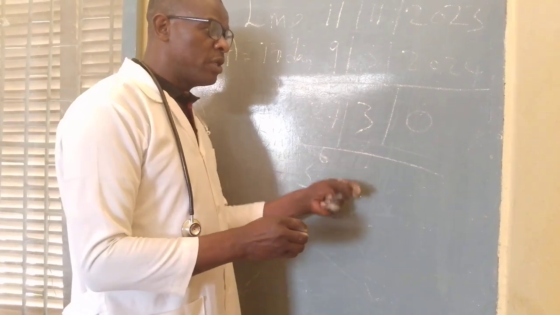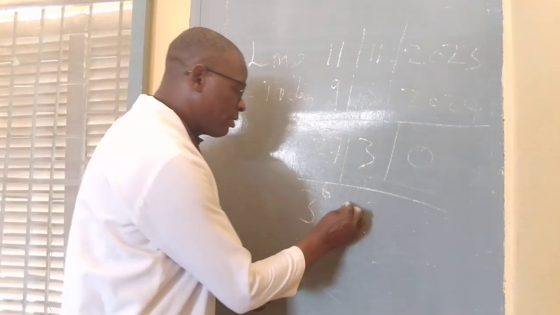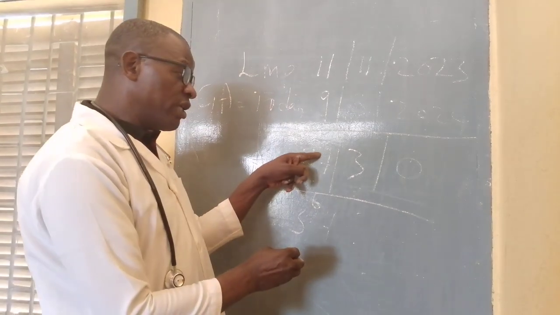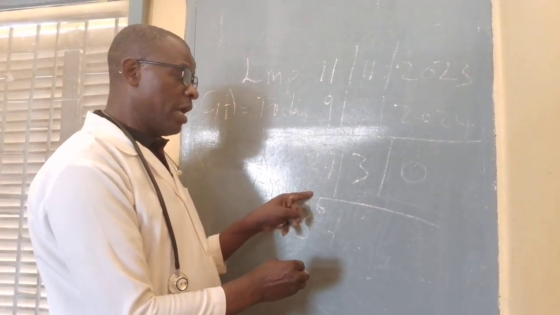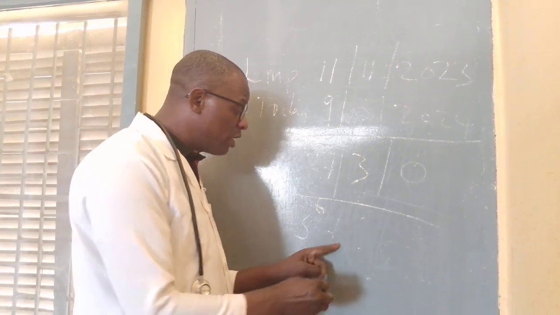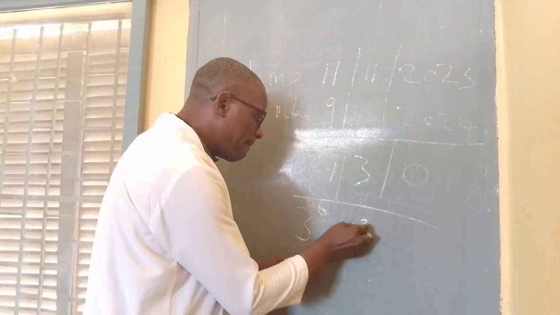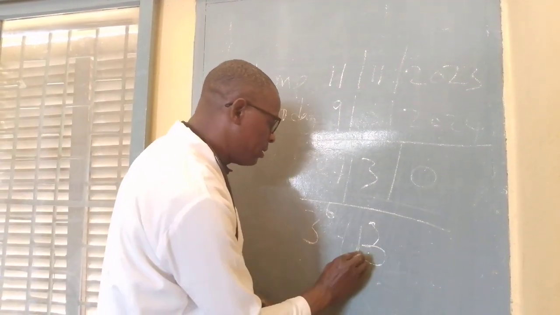Then come to months. The next theory tells us that 3 months is 13 weeks. And it's 3 months here. So it's 13 weeks. This 27 days is 3 weeks plus 6 days. And now the 3 months is 13 weeks. 3 plus 13.